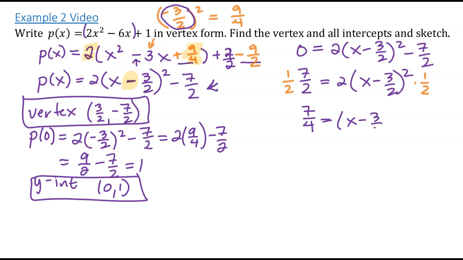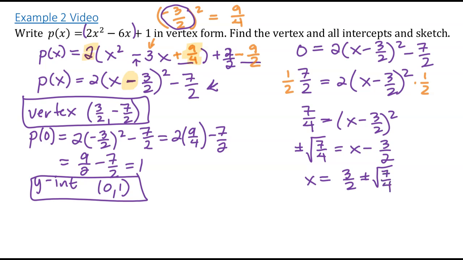x minus 3/2 squared equals 7/4. And then I need to square root both sides. So I get plus or minus the square root of 7/4 equals x minus 3/2. Which means that x equals, I'm going to flip-flop sides, but I'm adding 3/2 to both sides. Okay, so what I got is not very nice, and what I want to say about this is this happens.